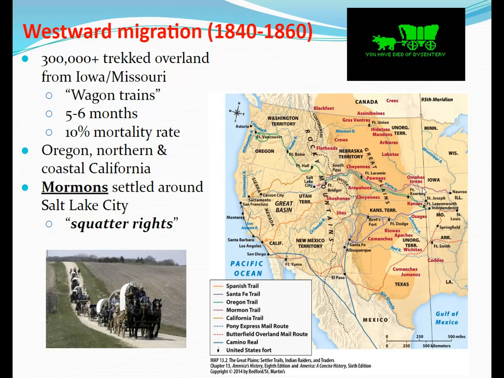You will see that there are certain journeys that don't make it all the way west. So this pink line here, which is known as the Mormon Trail, the Mormons by 1844, their leader, Joseph Smith, is murdered in Missouri, and they believe that they truly have to separate themselves from what is American society that doesn't accept their religious beliefs and values.